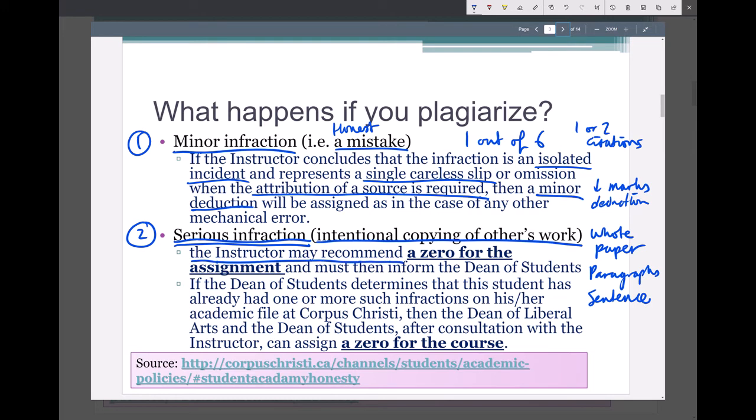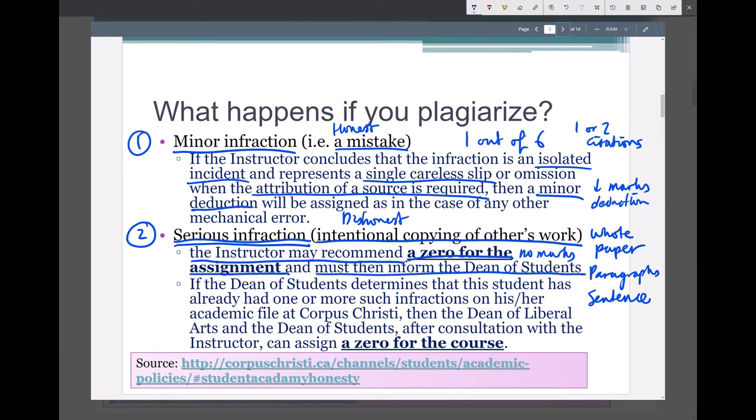If we conclude that you are being dishonest, trying to use somebody else's work as your own, then you get no marks. 0. And there are more consequences.